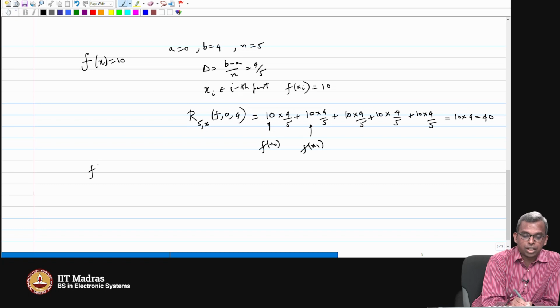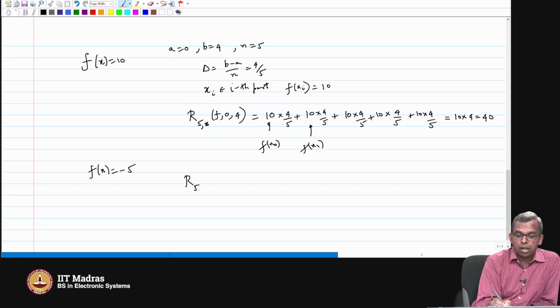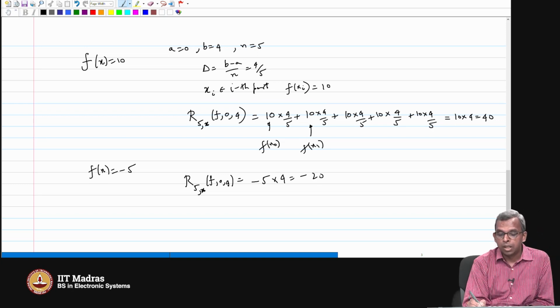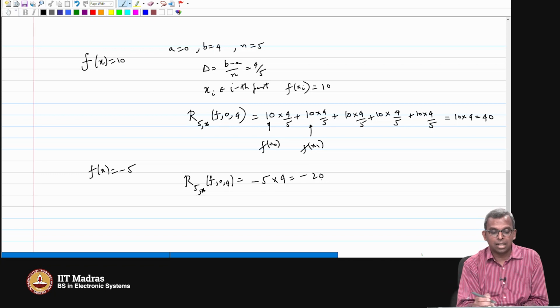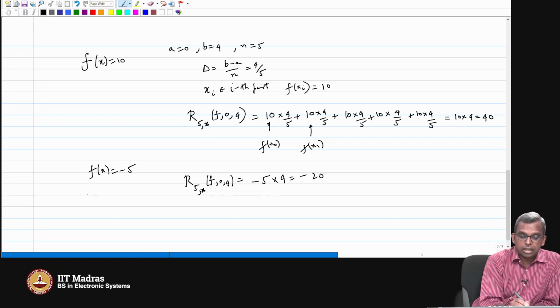There was another constant function that was given, f of x is minus 5. What will happen to minus 5? R5 of f comma 0 comma 4, the same thing will happen, right? Minus 5 into 4, you will get minus 20. Okay. So we say area under the curve, but remember, if the curve goes negative, the area will also become negative.